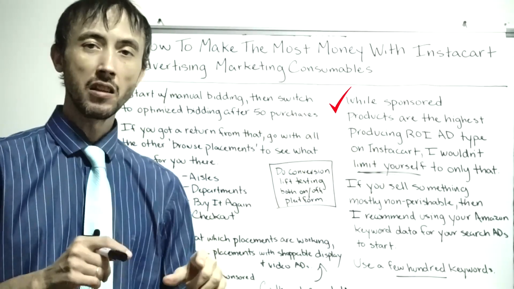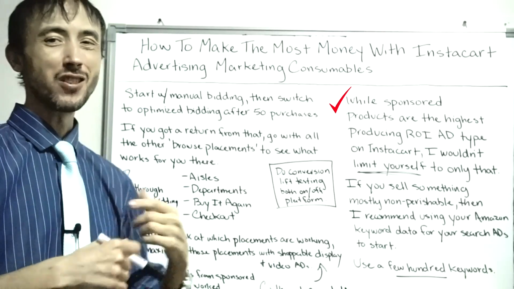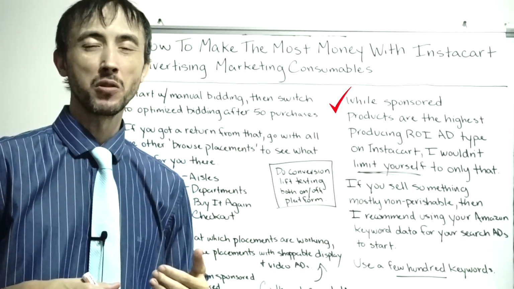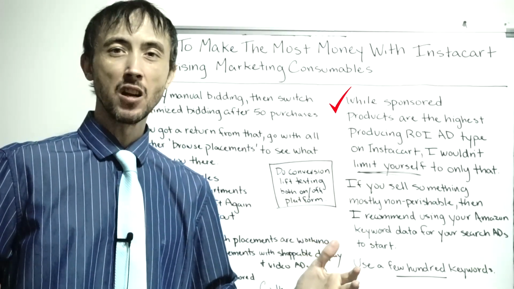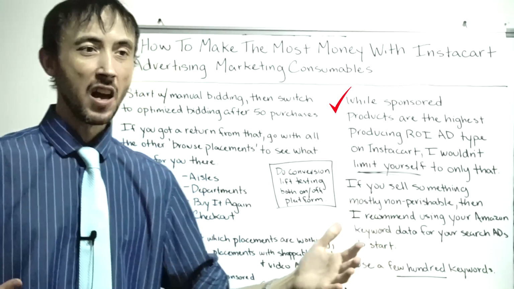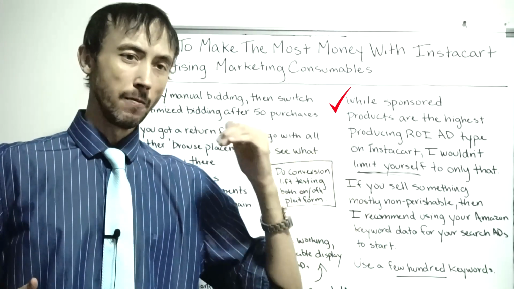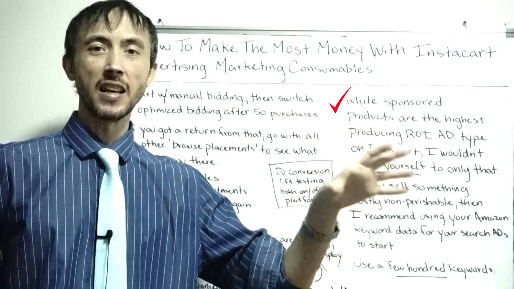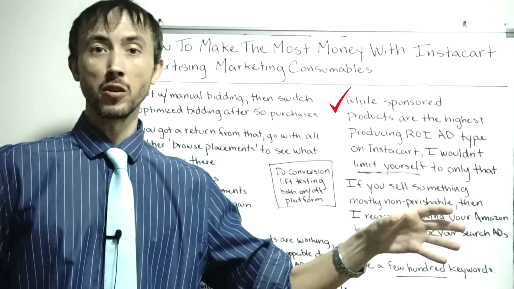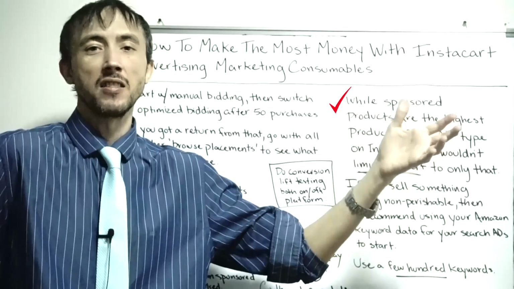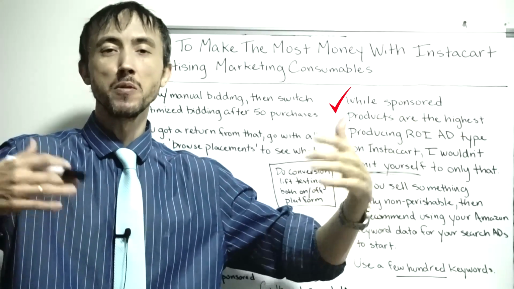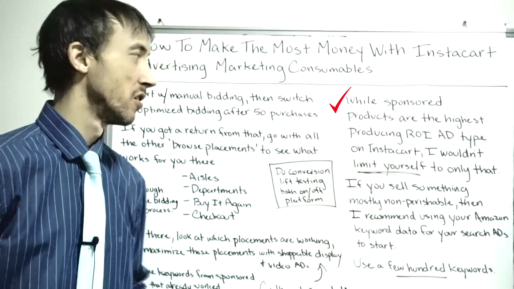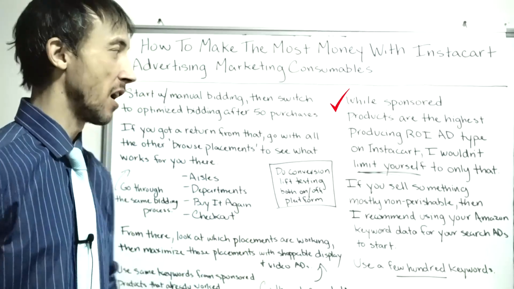So you want to get as many clicks as you can from the platform, not just skimming off the most profitable stuff, because as far as advertising goes, there's not going to be stuff that's any better. Outside of advertising on Amazon, if you sell an appropriate product that will sell there, and being in the grocery store itself, this is the best thing you're going to be able to do in terms of spending marketing dollars, in terms of an ROI that you can get from it.